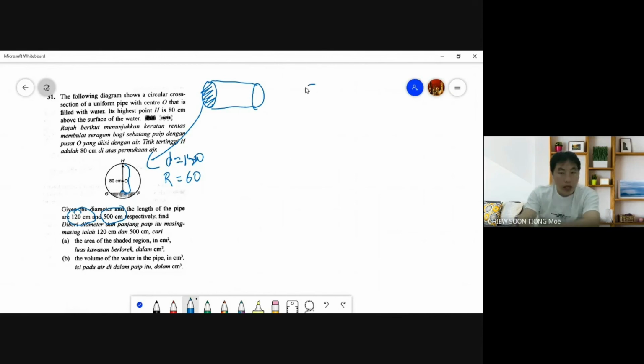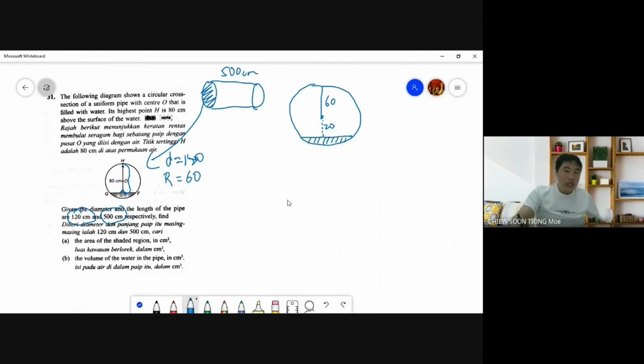I made the picture bigger. So here is 60, here is 20. The length of the pipe means, for example, this pipe is 500 cm, so it's not related for the moment. So you want to find the area of this shaded region.